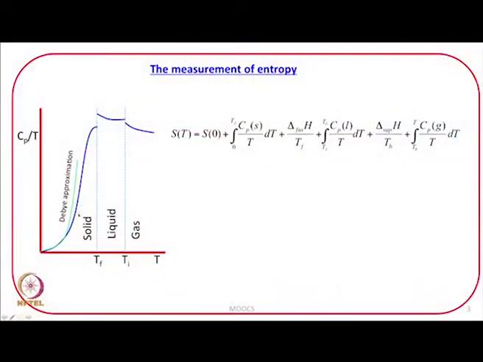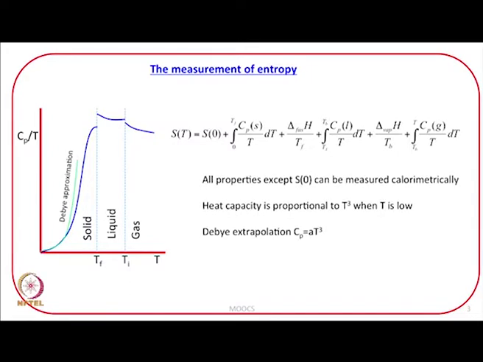Experimentally, you determine the value of heat capacity down to as low temperature as possible, let us say up to this temperature, and then beyond which there are good theoretical grounds to assume that heat capacity is proportional to the third power of T. Cp is proportional to T cube, Cp is equal to AT cube, where A is the proportionality constant, and this A depends on the properties of the material.